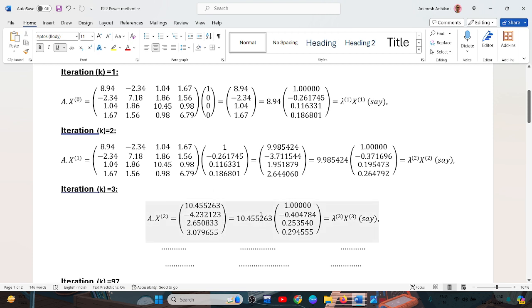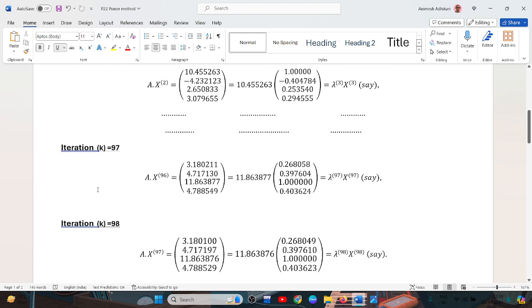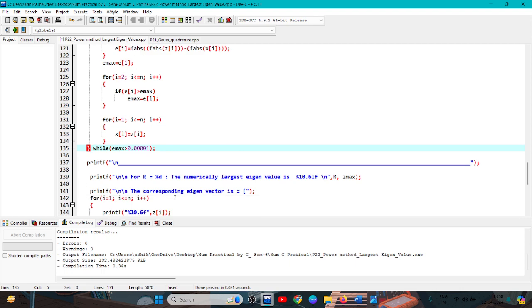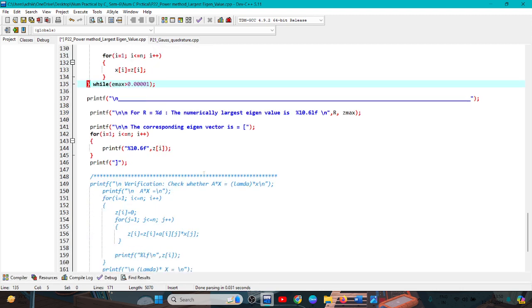This gives lambda into the corresponding x: lambda x1, lambda x2, lambda x3, lambda x4, and x1, x2, x3, x4, and so on. Ultimately we get the numerically largest eigenvalue and the corresponding eigenvector.